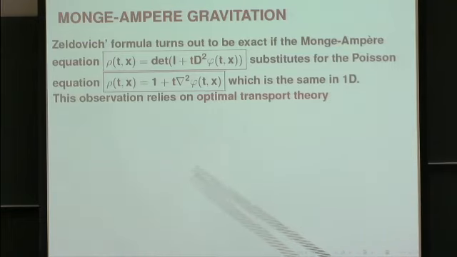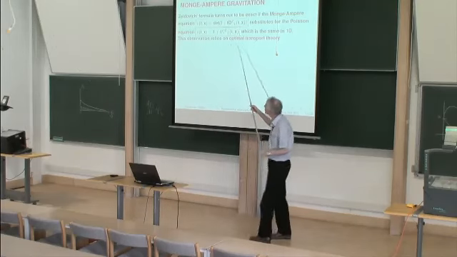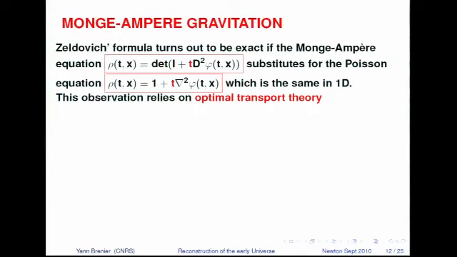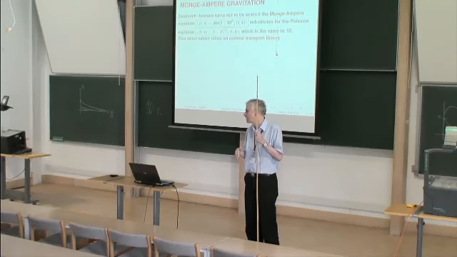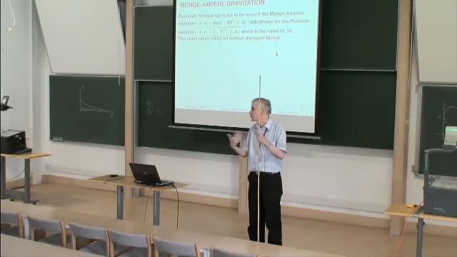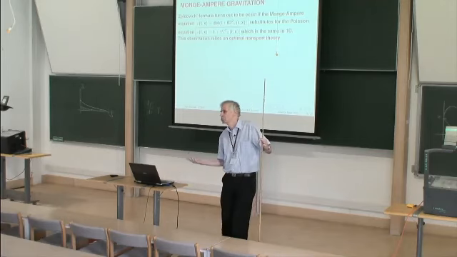This is a little bit of algebra, but if you change the model, it turns out that the Zeldovich solutions are a solution of the model. So if you like the Zeldovich approximation, you could say that instead of considering them as approximate solutions of the original Poisson model, let us consider the Monge-Ampère model as an approximation of the Poisson model, in which case the Zeldovich solutions are exact.